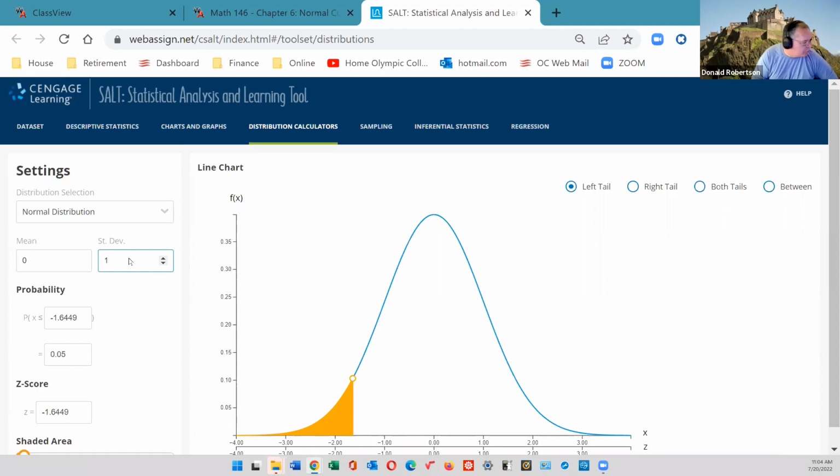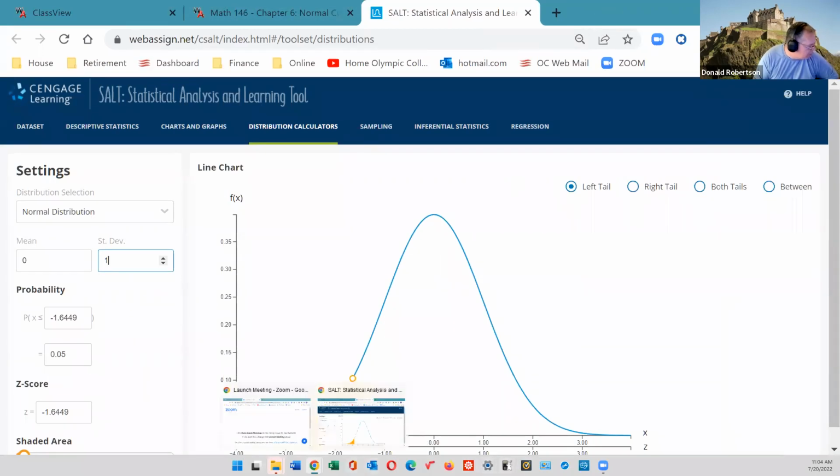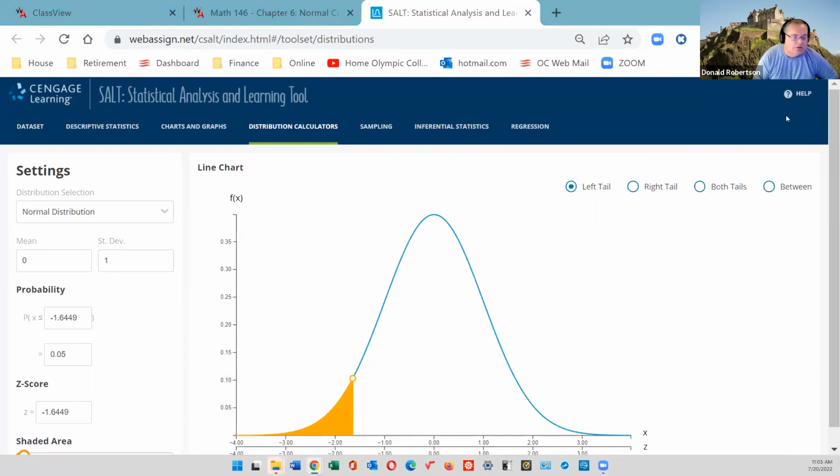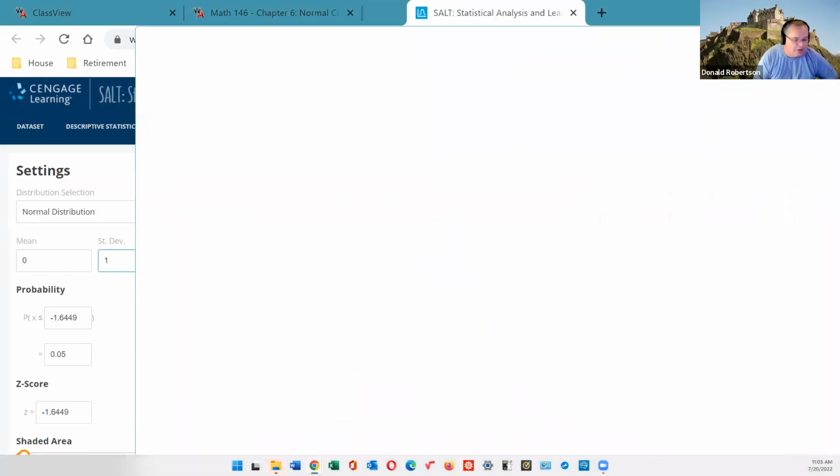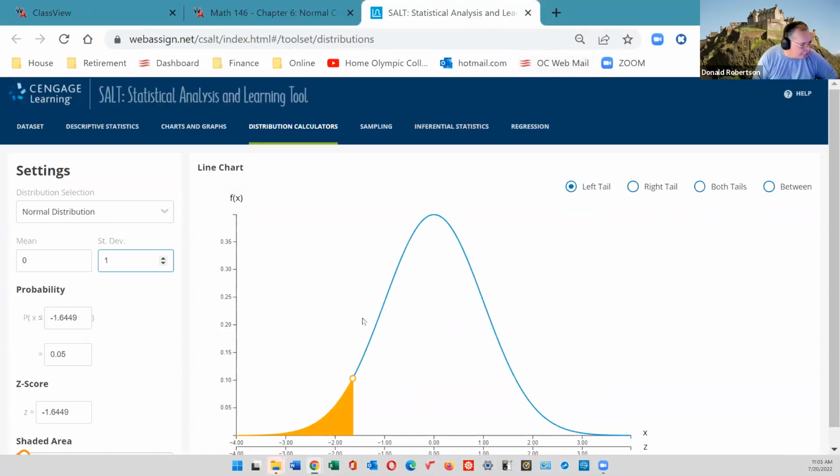So let's suppose I want to know what area is to the left of, what's that question? Let me find that question for a minute. I want to the left of negative 0.45. Okay. Can you still see the picture?